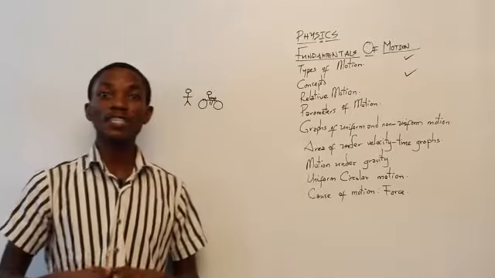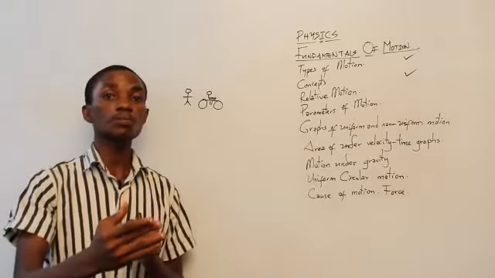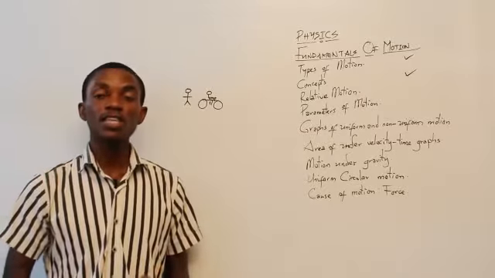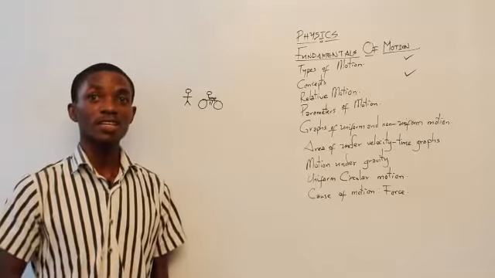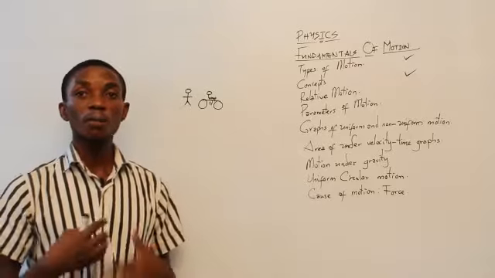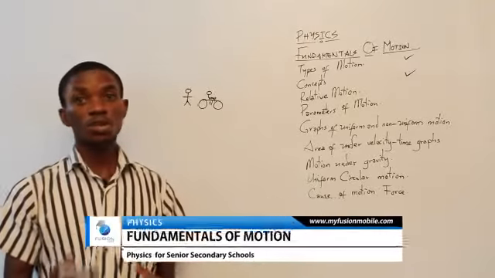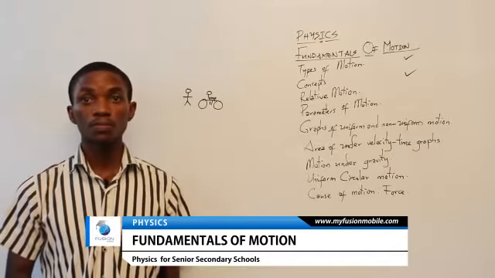The person moving on a bicycle will have a relatively higher velocity or speed compared to the person walking, because he's using a cycling machine which actually moves faster. So when you want to consider movements in relation to one particular thing or another, we talk about relative motion.